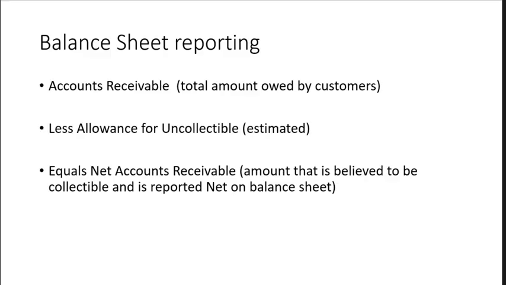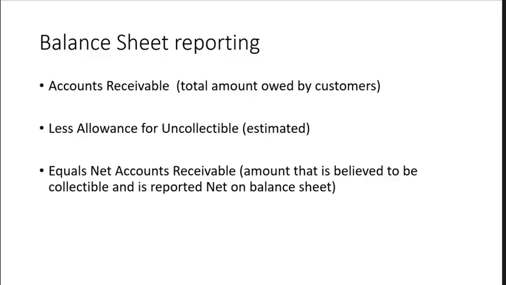Moving to the balance sheet and how this looks on the financial statements. You have accounts receivable, which is the total amount owed by customers, which you're not going to see on the balance sheet. You subtract from that the allowance, the estimated amount that you're not going to collect. And that total minus the allowance is your net accounts receivable.